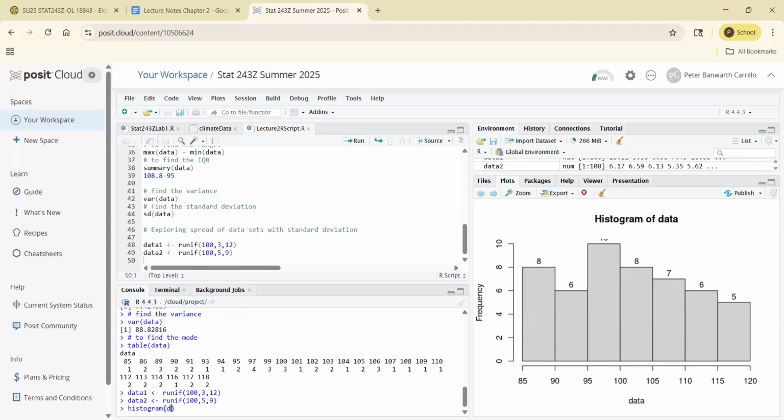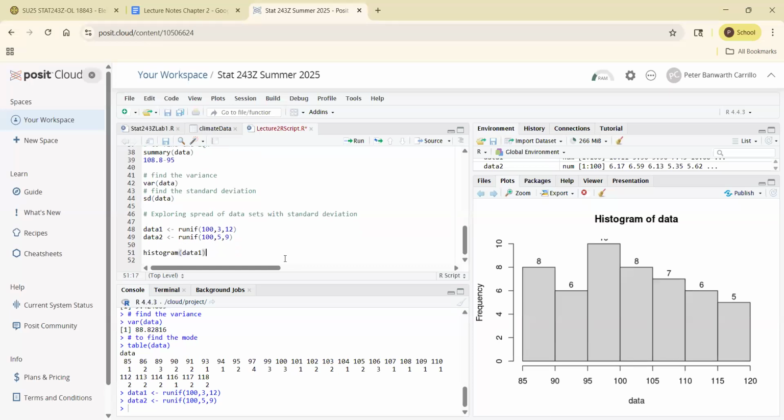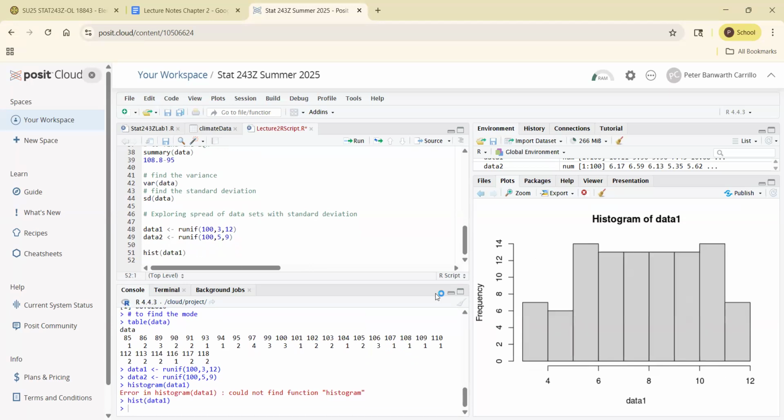So let's use a histogram of data 1. Because as I said in an earlier video, visuals are my favorite way to explore data. There's a histogram of data 1.